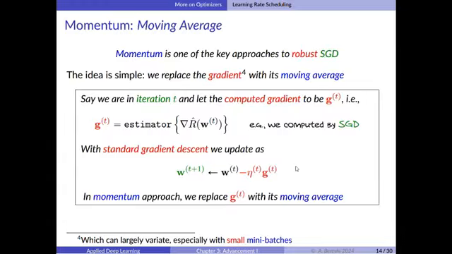Okay, the second idea is about momentum. It is a moving average. You can guess something from its name, which is average of moving, because when we are optimizing, we are moving, and here it wants to average our movements. When you want to update the weights and biases, we can simply say parameters.